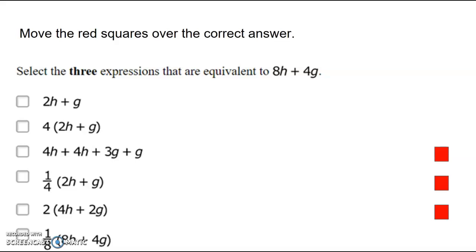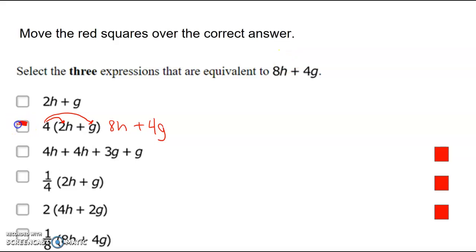Select the 3 expressions that are equivalent to 8h plus 4g. So you might want to go through these and try to simplify these expressions. 2h plus g, that's already simplified. It does not equal 8h plus 4g. But this one, I need to distribute the 4. 4 times 2h is 8h, and 4 times g is 4g, which is exactly what I have up here.